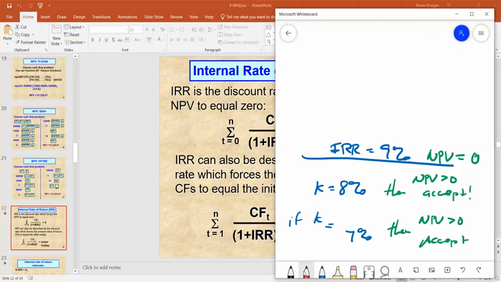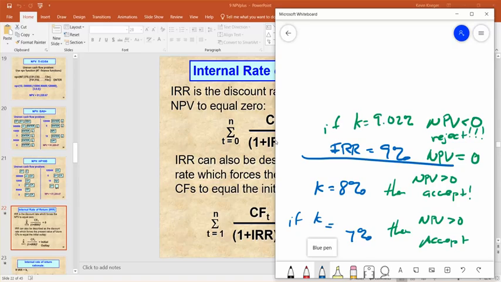Right? But you get even slightly above that, right? If you have K equals 9.02%, right? Now your NPV is negative, and you're supposed to reject. Well, you would reject, right? Because again, NPV and IRR are linked at the hip in this way.